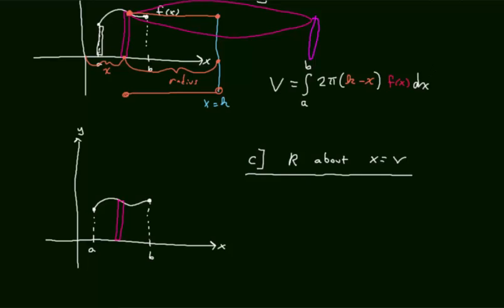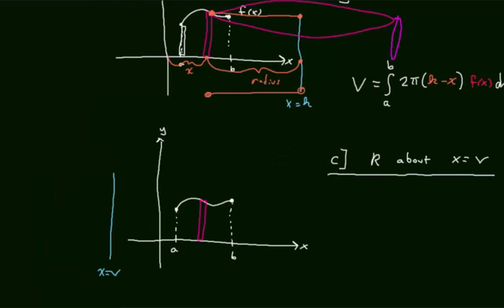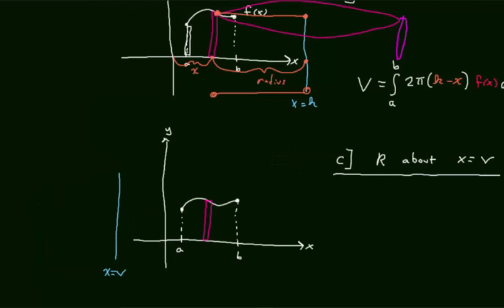In our final illustration, part C, we're going to rotate the same exact region about another vertical line. This time the vertical line is going to be x equals v, but it's going to fall to the left. Alright, again, I don't always draw these, but for this case, we might have to scroll over a little bit to get that in.